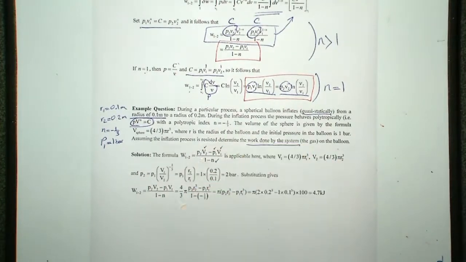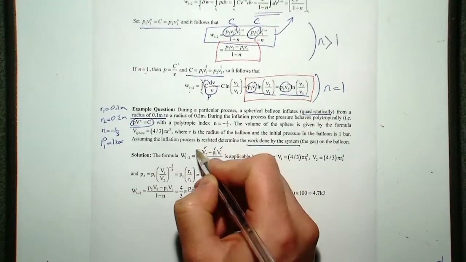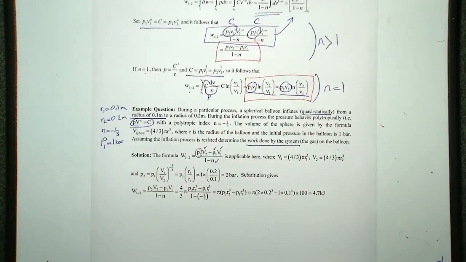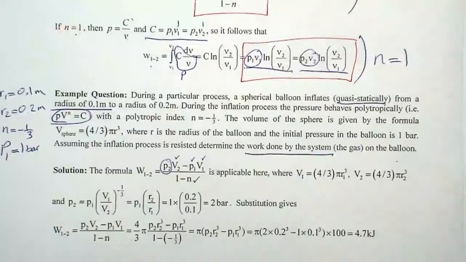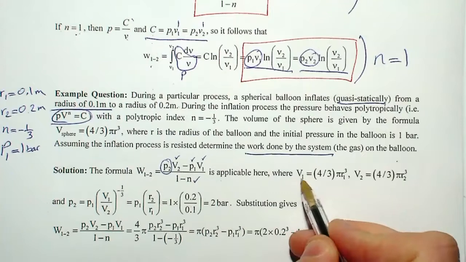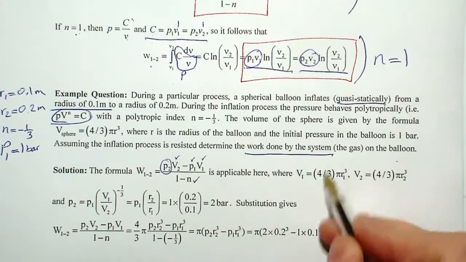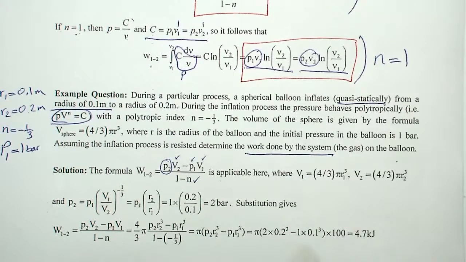We have P1. The only thing which is missing actually is P2. So I need to find out what P2 is, and then that would give me the value of work. Of course, note that V1 and V2 are obviously a function of R1 and R2.